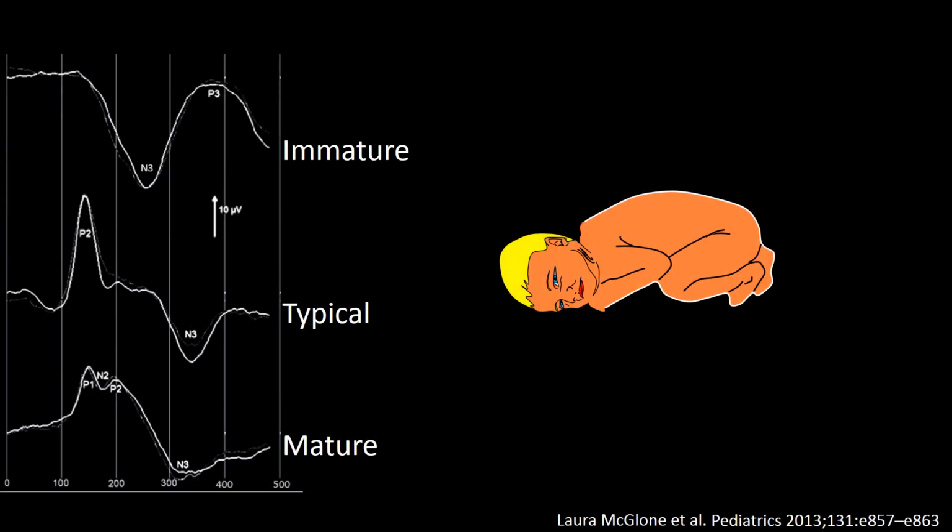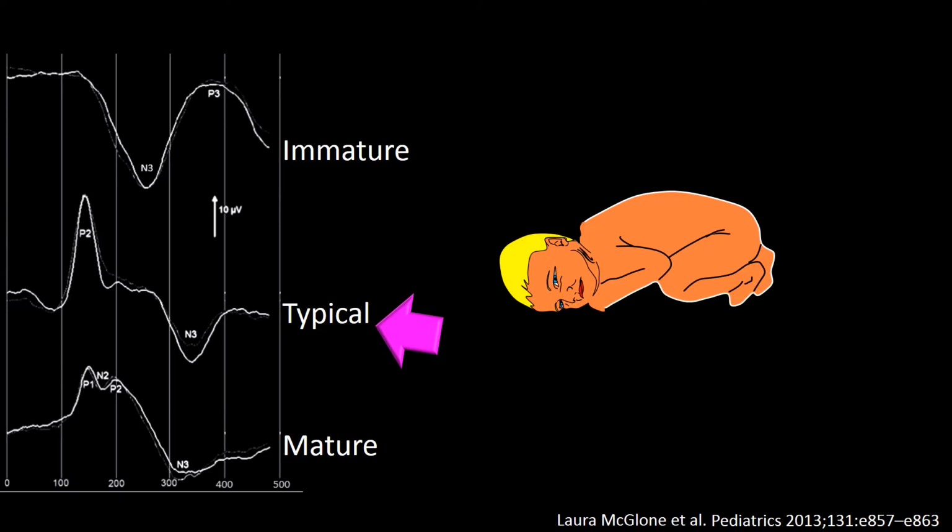In infants, the story is quite different. This new frame has 3 VEP patterns seen in neonates. As you can see, the analysis time is 500 milliseconds. The mature type has a peak level that is N3 shortly after 300 milliseconds.